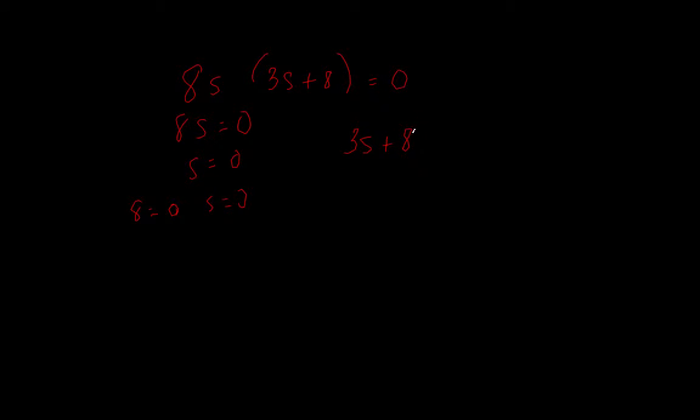Or 3s plus 8 is 0. So subtract 8. Because when we're solving for s, we're trying to undo things, right? So you go in the opposite order of PEMDAS, because you're trying to undo things. So I guess SADMEP. So first undoing the adding and subtracting, so we're undoing the adding. And then we undo the multiplying. So we get negative 8/3.